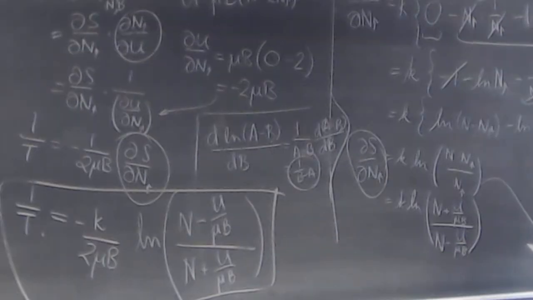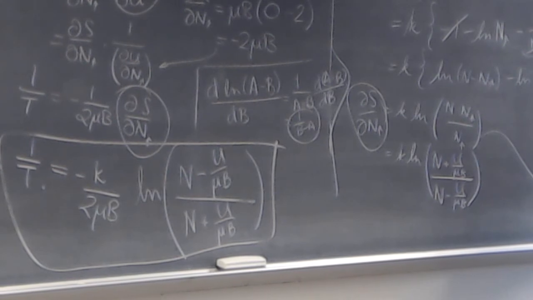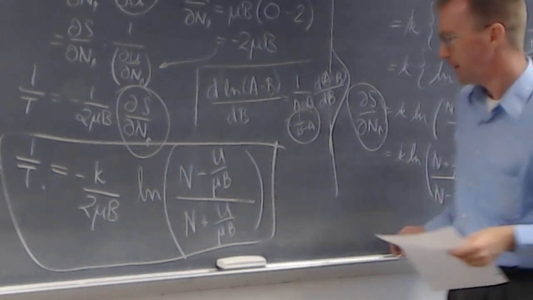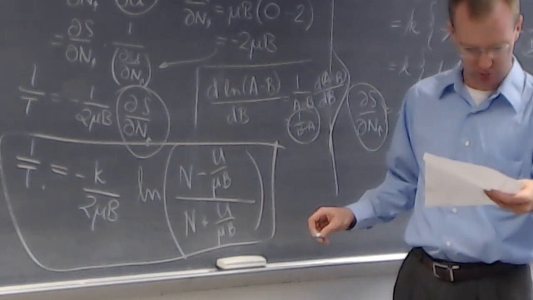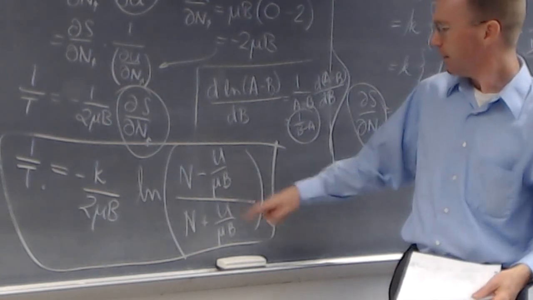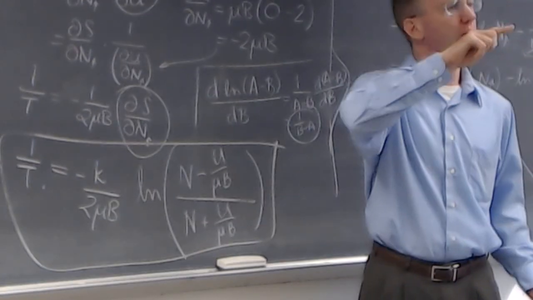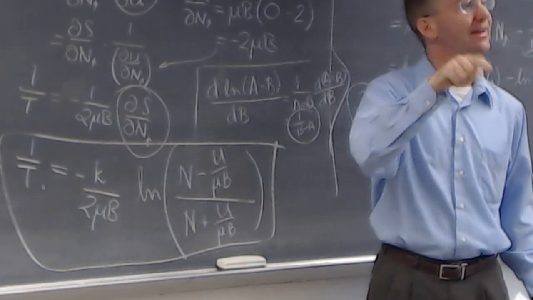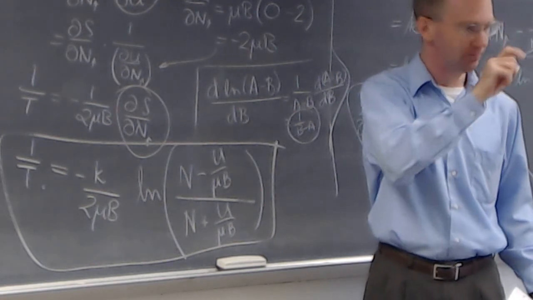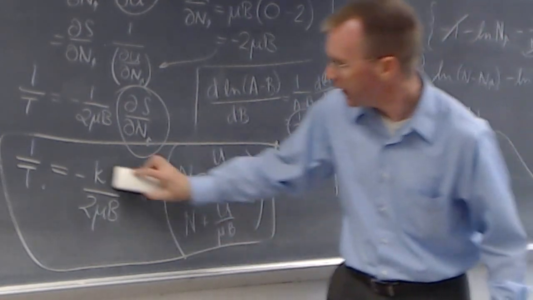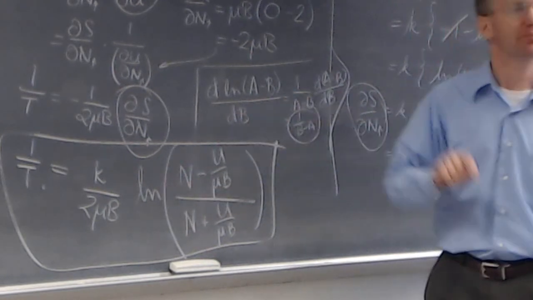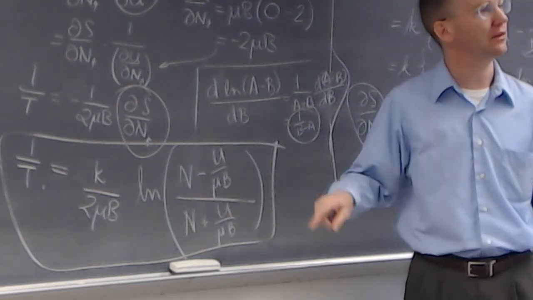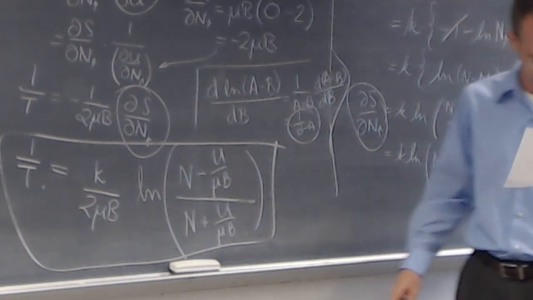What I should have done here is, if you have log of A over B, it's negative log of B over A, right? I should have gotten rid of that negative sign when I did that. You're exactly right.